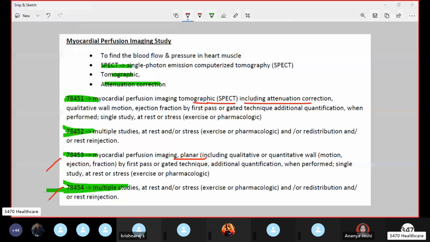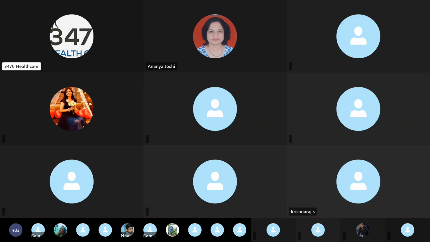If tomography, attenuation correction, SPECT words are present, 78451, 52. If not, planar is the default.